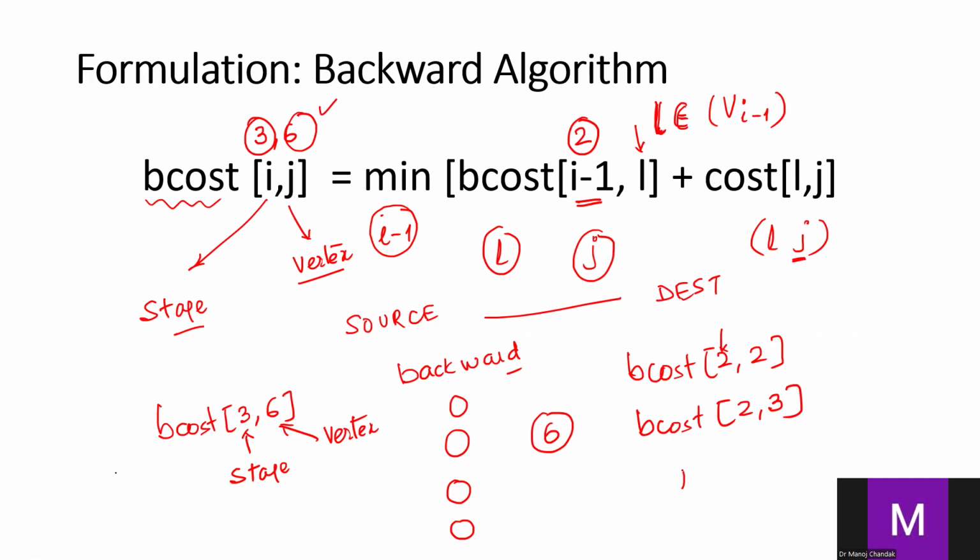One more time. If you want to travel to J, then find out the vertices which are present at stage I minus 1.